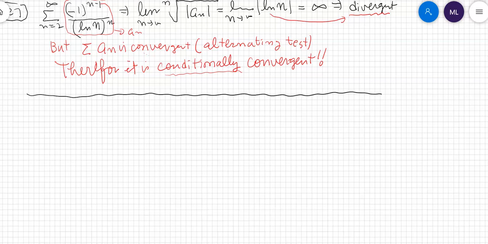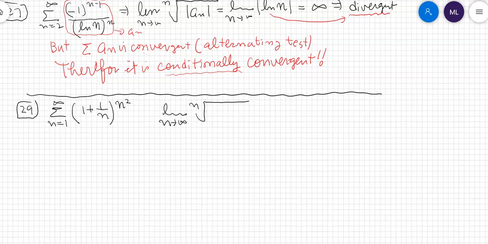29. The summation from n equals 1 to infinity of (1 plus 1 over n squared). Okay, so limit as n goes to infinity of the nth root of, you know what is the meaning of this one?